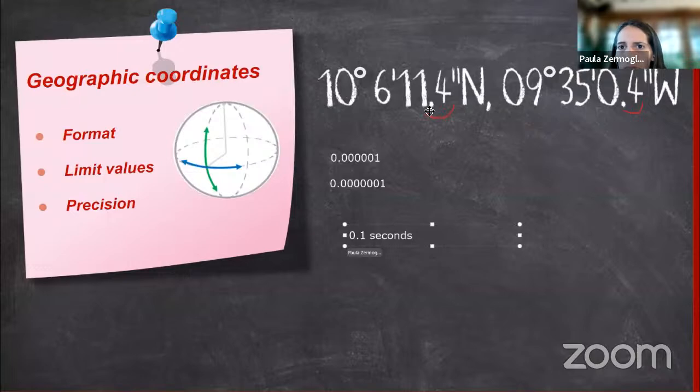So the precision of these coordinates is 0.1 seconds. Now, when we report precision, in which unit do we need to report it? How do we report precision? In which unit?